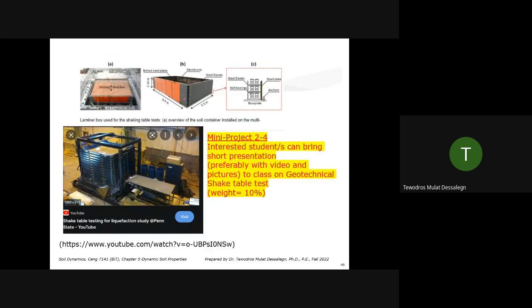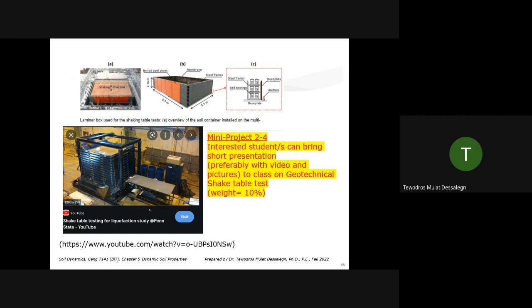This is just one example, shake table testing for liquefaction study at Penn State. Penn State is in Pennsylvania, in the US. They did this research for liquefaction. We didn't look at liquefaction yet, but liquefaction is when the soil liquefies, pretty much becomes liquid, and loses bearing capacity.